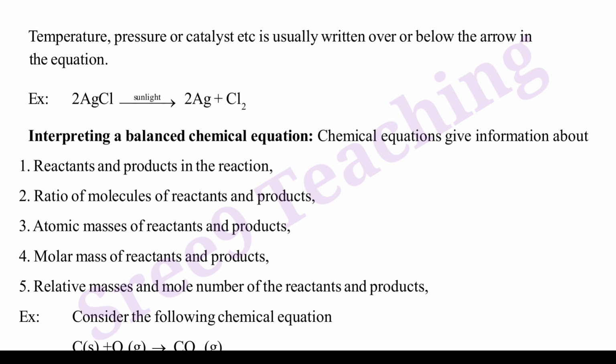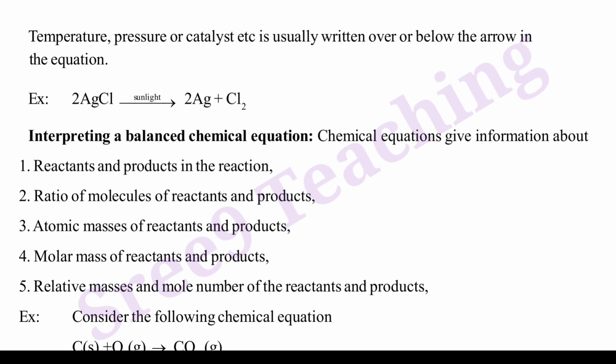If temperature is involved, or pressure, or a catalyst, they are written at the arrow mark. A catalyst is a substance which increases or decreases the rate of reaction of a chemical change.